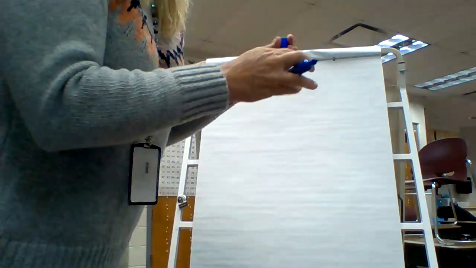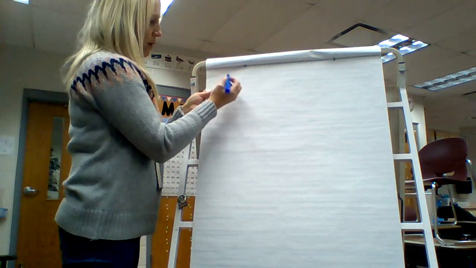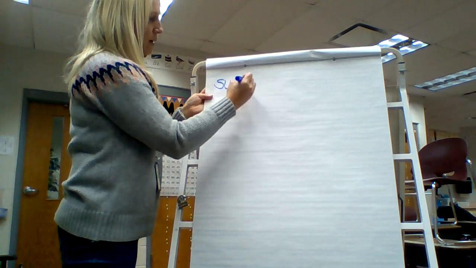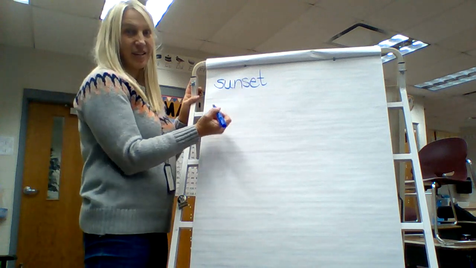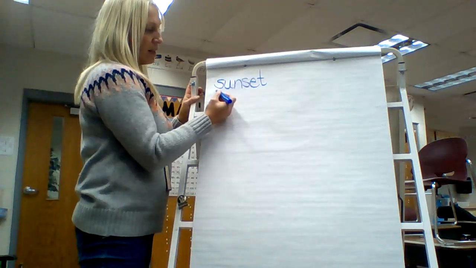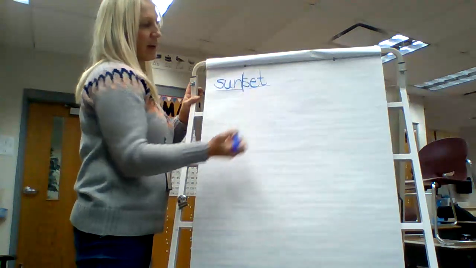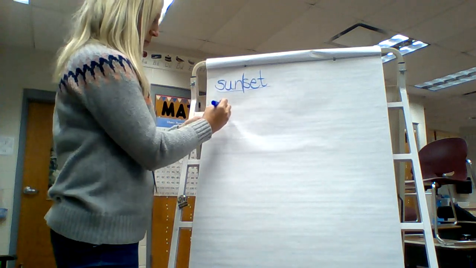So what we do, let's say I have this new word. I see two smaller words. Sunset. We would divide it between those two smaller words.